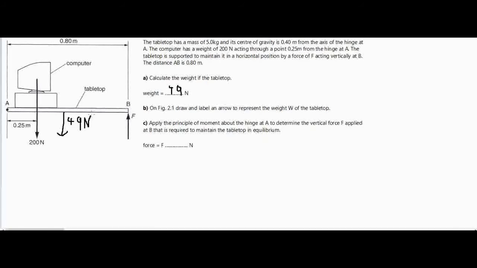Now the final part here says apply the principle of moment about the hinge at A to determine the vertical force F applied at B that is required to maintain tabletop in equilibrium. So now what we need to do is look at which moments are going in one direction, which ones are going in the other direction.